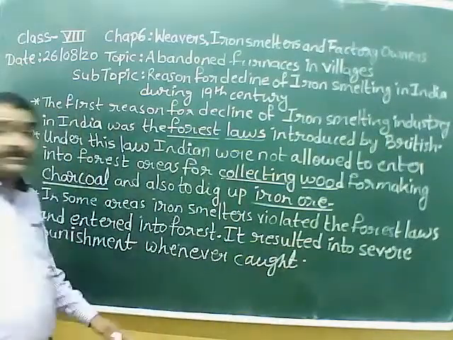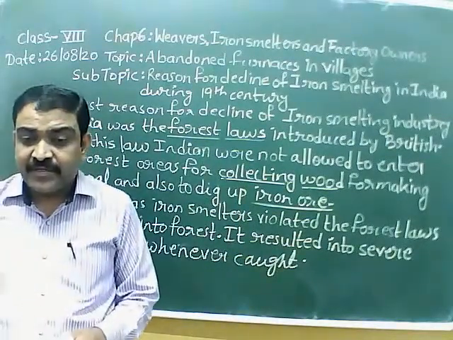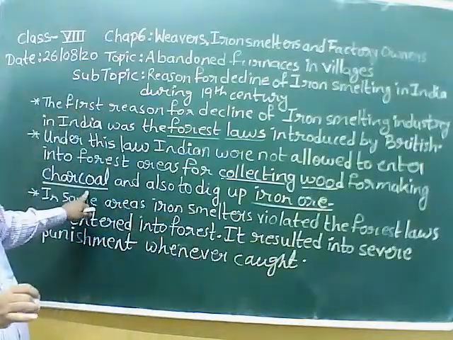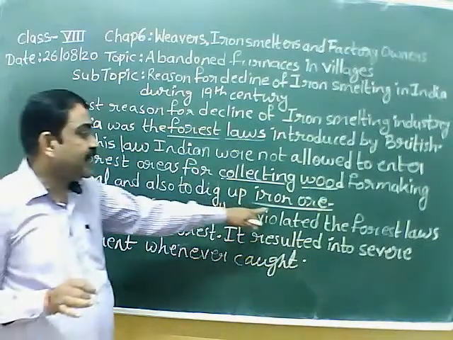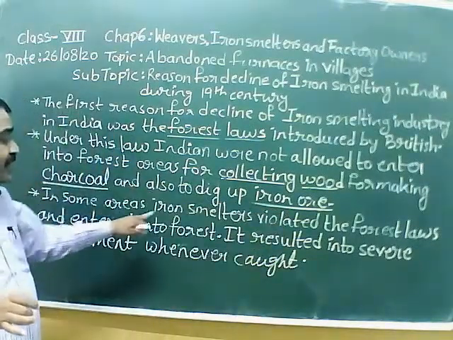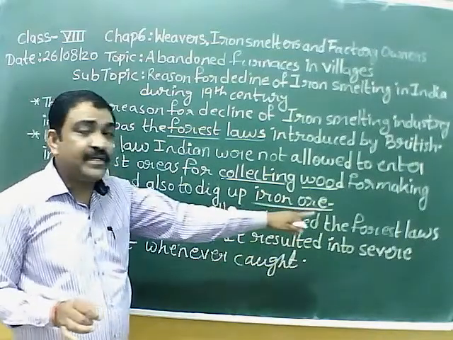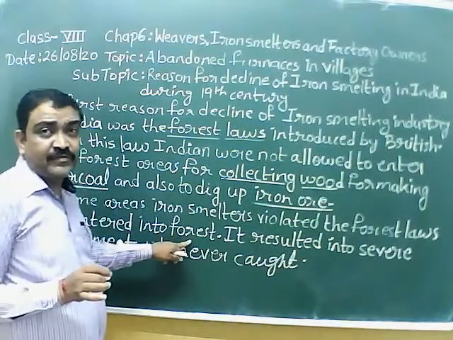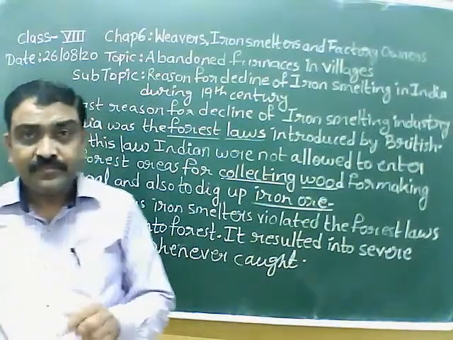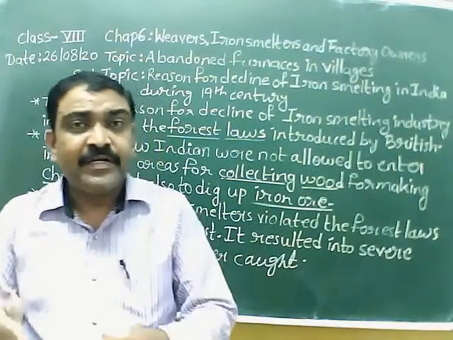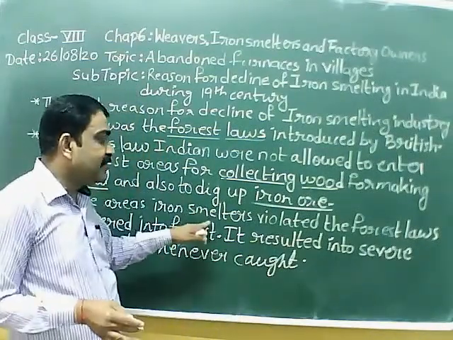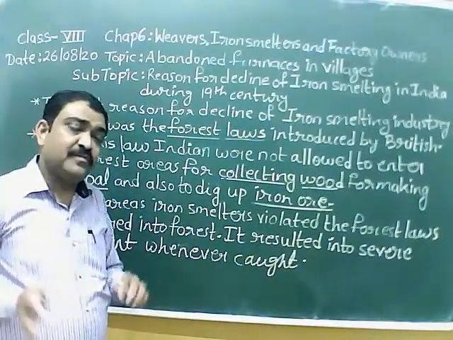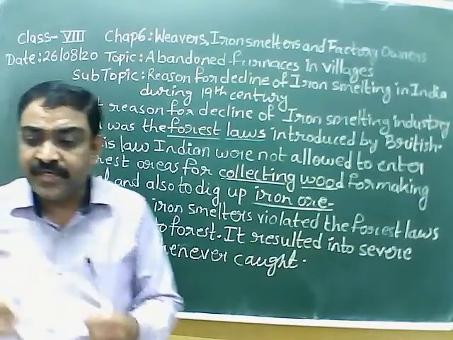Now, what happens? When the iron smelters started facing problem for collecting the charcoal or for getting the iron ore, in some areas they violated the forest laws and entered into the forest. कुछ areas में है ना, सारे इलाकों में नहीं, but in some areas, the iron smelters violated the forest law and entered into the forest. जंगल में बिना परमिशन के घुस गए.